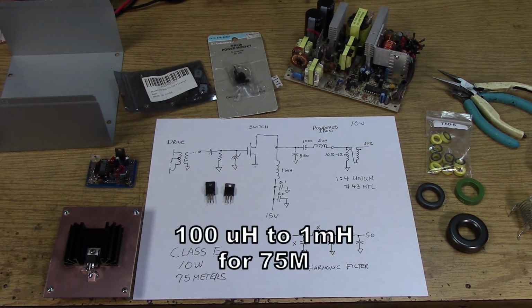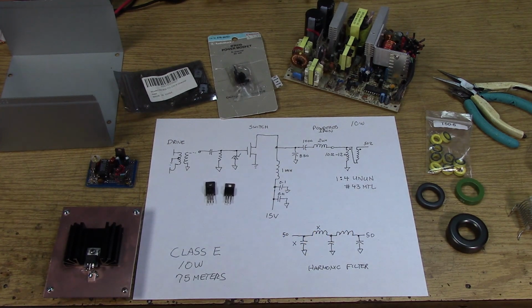In the Class E design, which we will go over in detail, it looks like we need about 850 picofarads to delay the voltage to current peak so that they're not at the same time, thus reducing the dissipation.